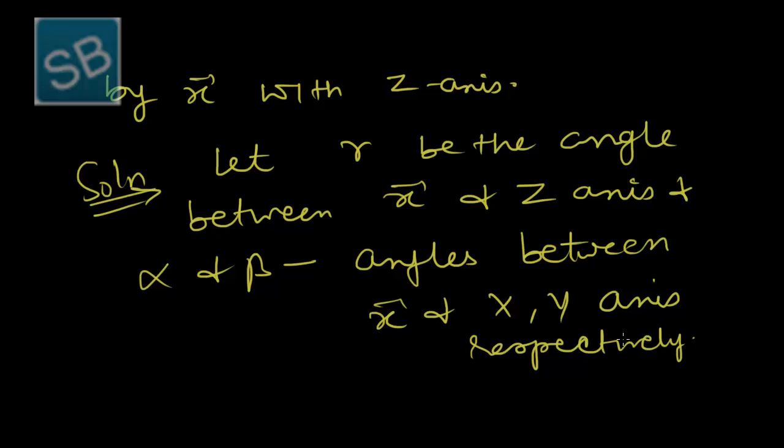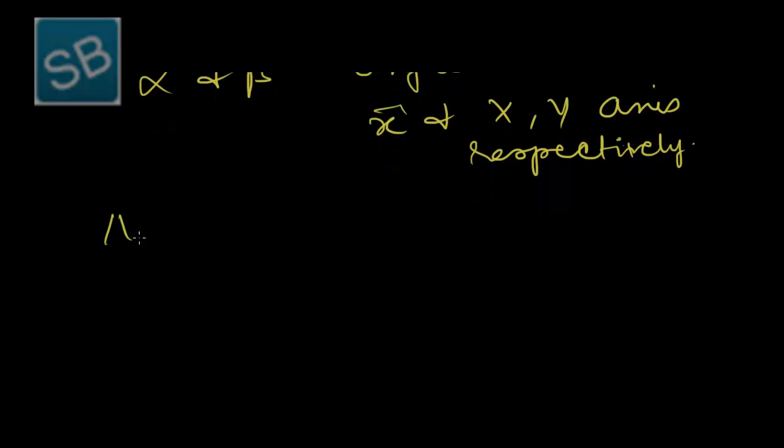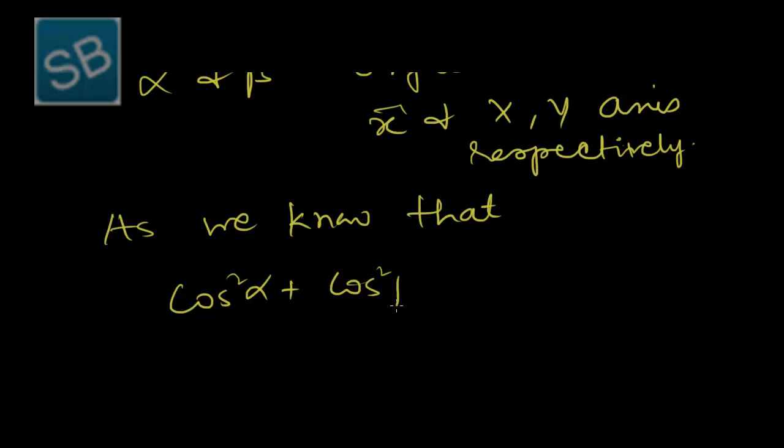Angle alpha is pi by 3, and angle beta is 2 pi by 3. As we know that cos squared alpha plus cos squared beta plus cos squared gamma is equal to 1.